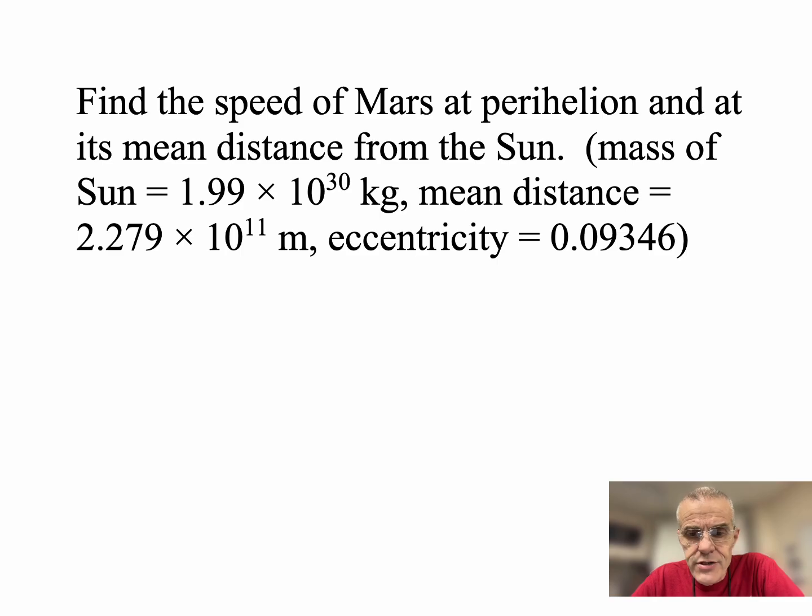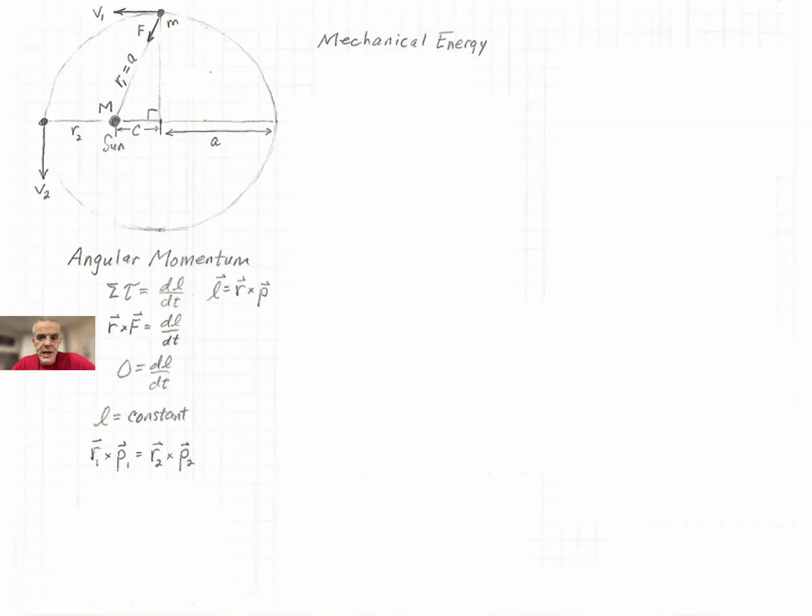Let's start looking over our solution, how we're going to do this problem. I've got that on this page. This is a much tougher problem than the one that preceded this. So I made a careful diagram, and here we've got Mars going around the sun. I pretty much copied and pasted the stuff about angular momentum from the previous problem.